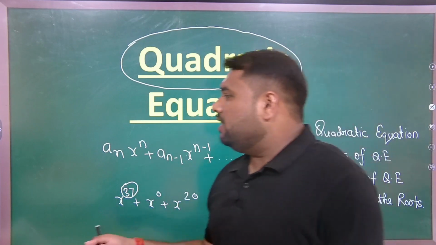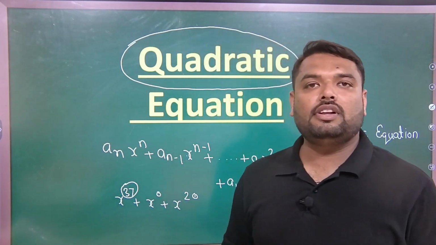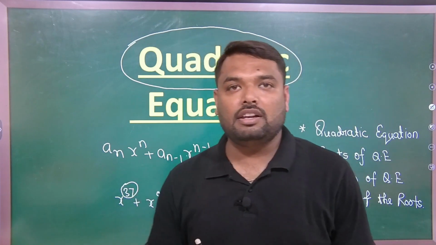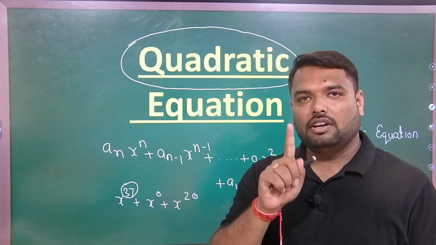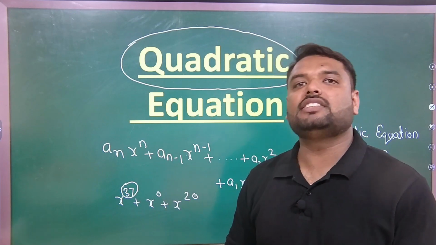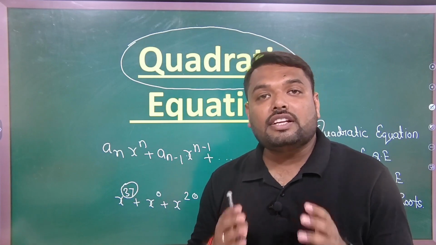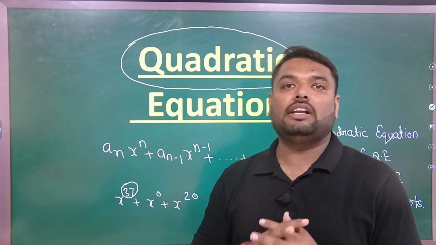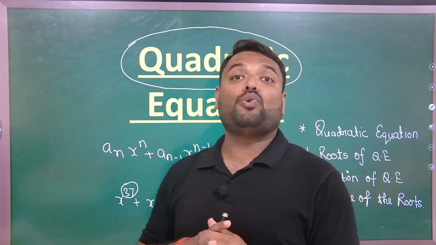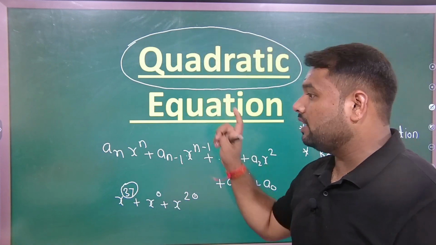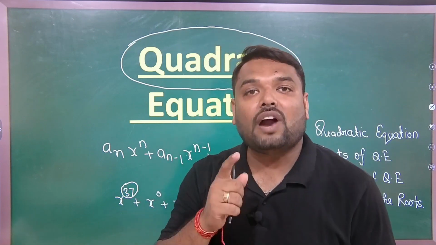So whenever you see a polynomial, basically we discuss one variable, that is x, in which the highest power of the variable is 2, then it is called a quadratic polynomial. I am not saying that it is called a quadratic equation, it is called a quadratic polynomial.